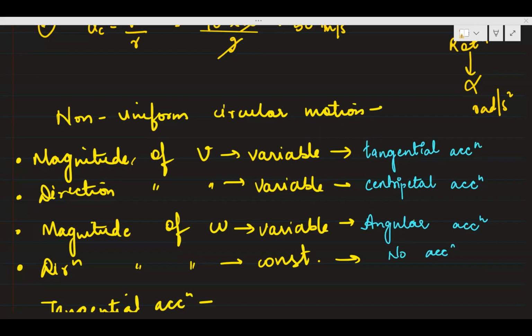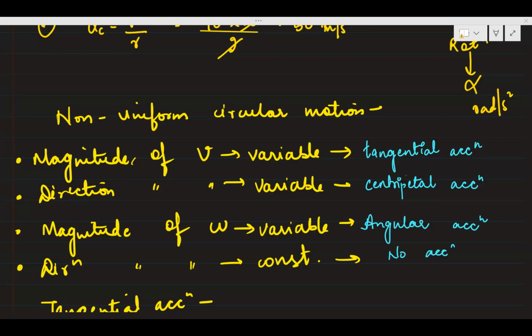And if the angular velocity is constant, then you won't have any acceleration. So magnitude of v, if it is variable, we get tangential acceleration. Direction, then centripetal. Angular, then angular acceleration. So these are the three accelerations that we have studied.